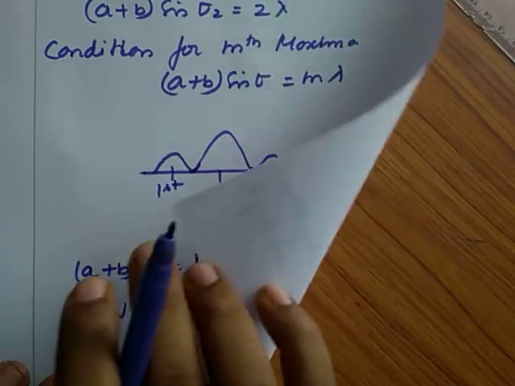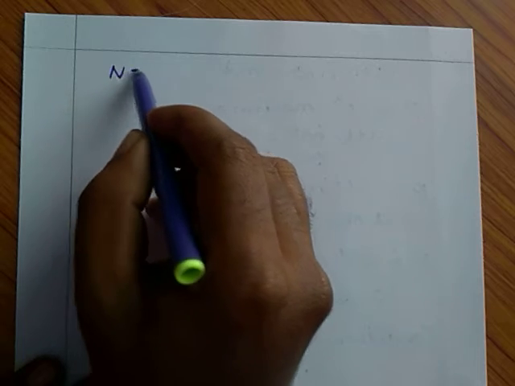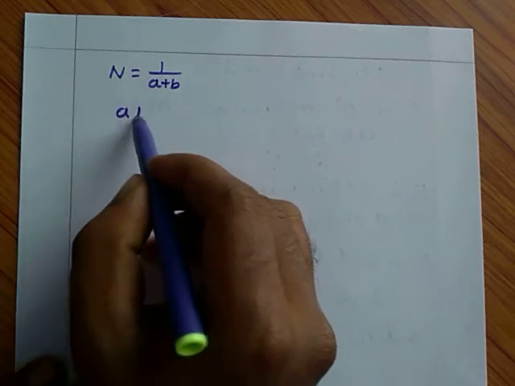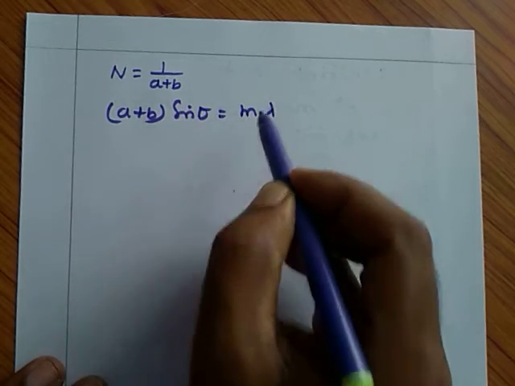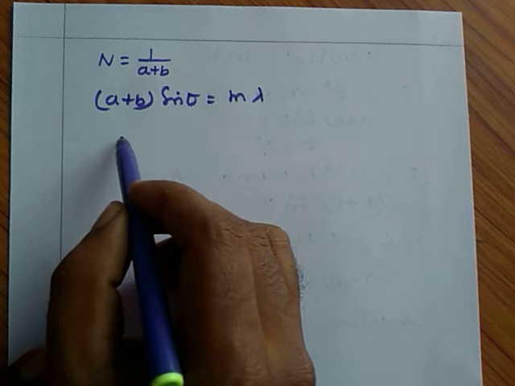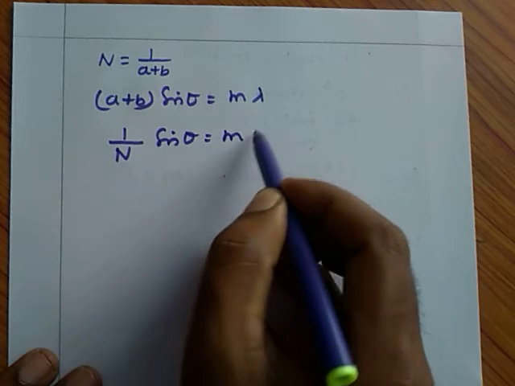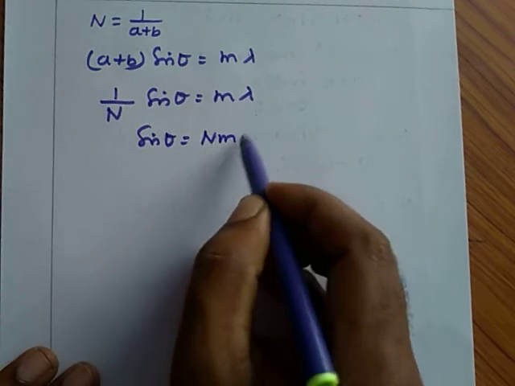We know n is equal to 1 by A plus B, and A plus B sin theta is equal to m lambda. So we can write this as 1 by n sin theta is equal to m lambda. Then sin theta is equal to n m lambda.